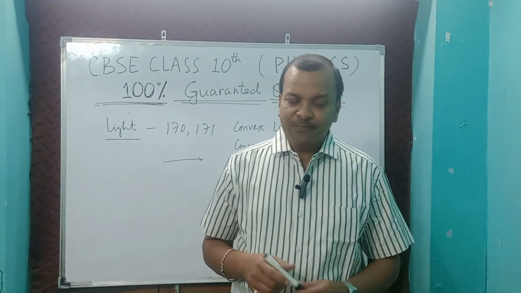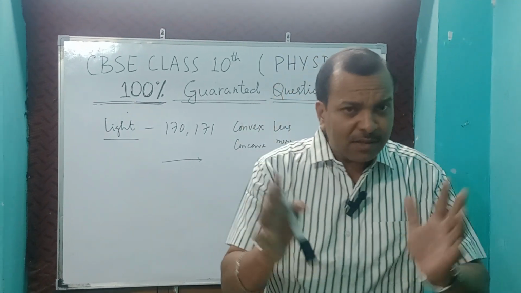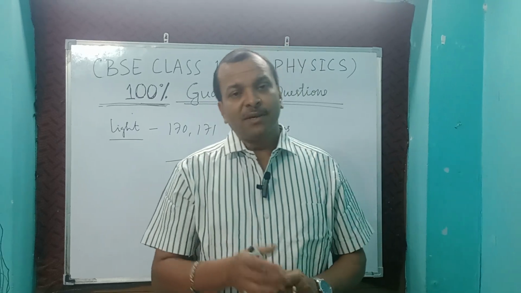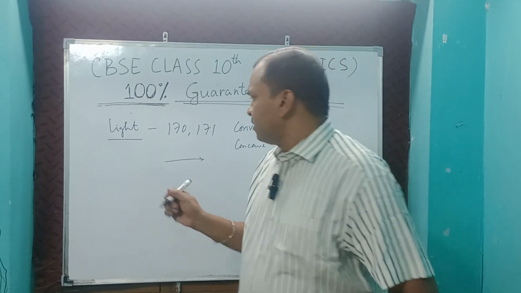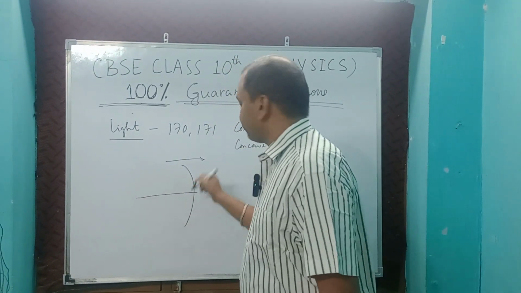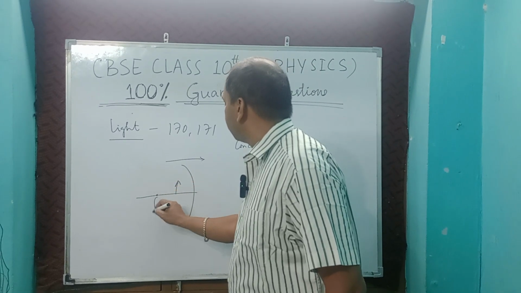In convex lens, sixth ray diagram. In concave mirror, sixth ray diagram, as well as in convex lens, sixth diagram. Clear? Sometimes it can ask you like this: complete this diagram. Position of the object is here, focal length is here.